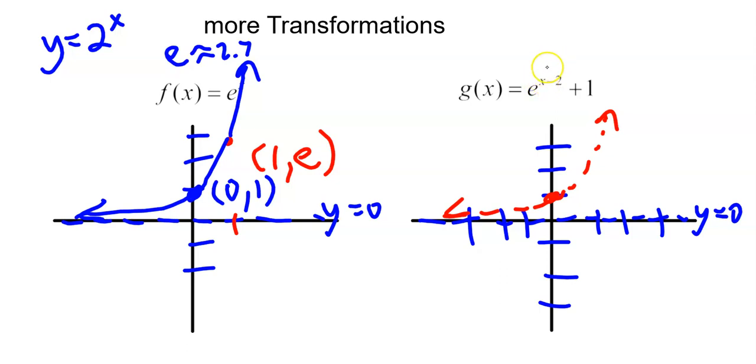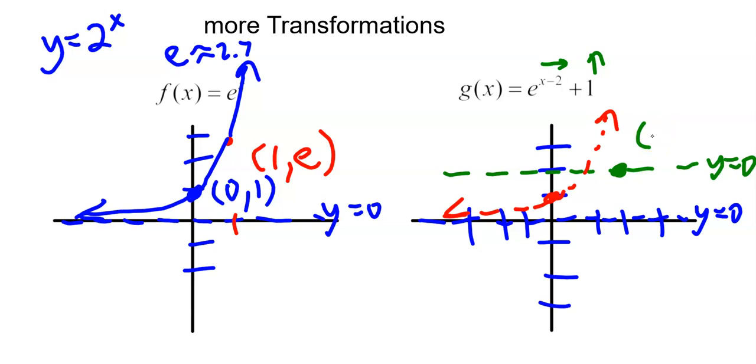Because it's in the parentheses there, x minus h, it's going to go to the right 2 units, and plus k is going to move up 1 unit. The point is going to move 2 units to the right and 1 unit up.